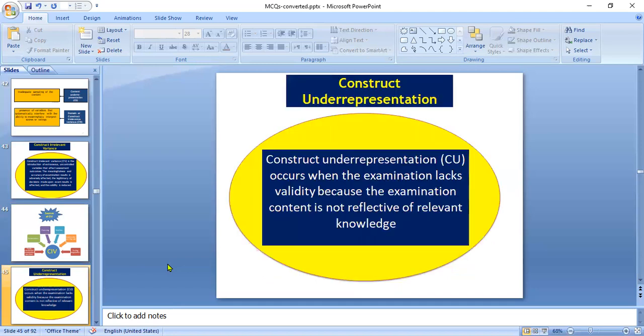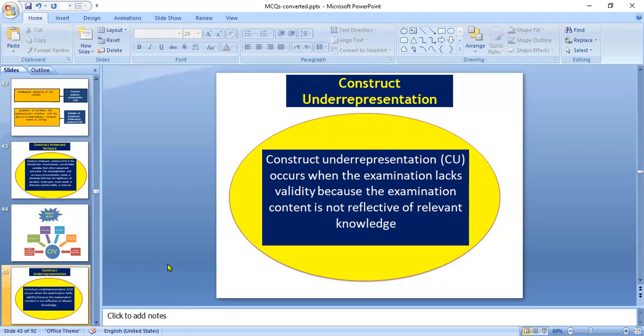The other biggest common pathology of MCQs is construct under-representation. As we summarized in the previous slide, it means the contents are not reflective of the relevant knowledge. It means we are going to favor a single domain.